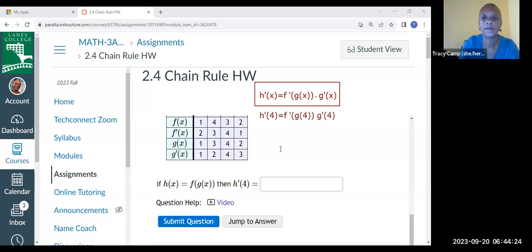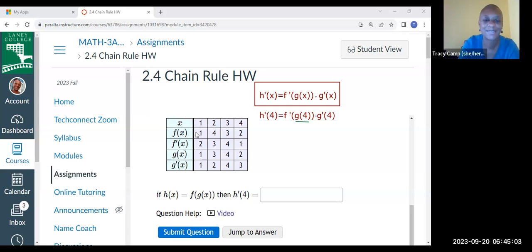And then from here, I'll use the table to get these values. For example, when I'm looking to find g of 4, I'm going to go to my table, and I need to see where the 4 is.